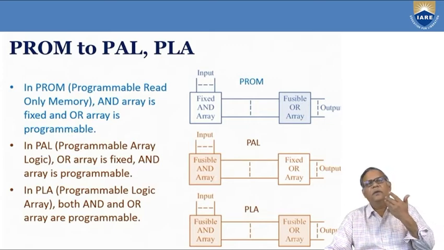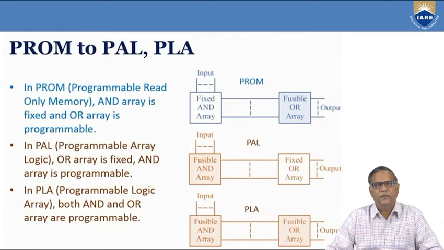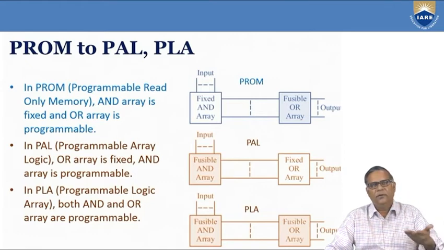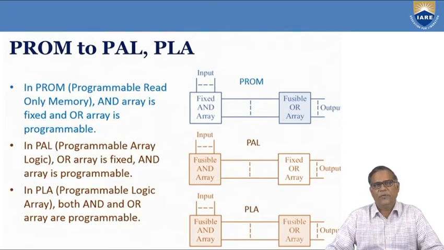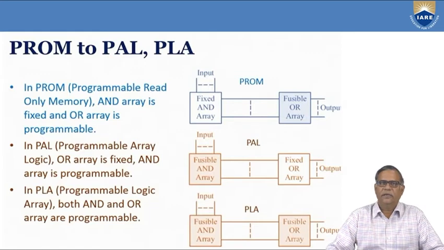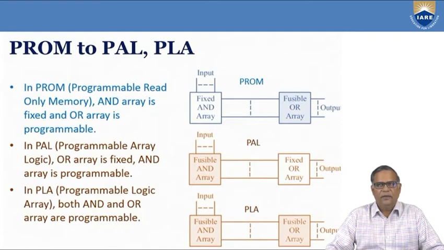Suppose you have a 3-input decoder. How many AND gates are required? You have 8 AND gates because there are 8 combinations: ABC, ABC bar, A bar B bar C, like that. And the next OR plane is a programmable OR array.